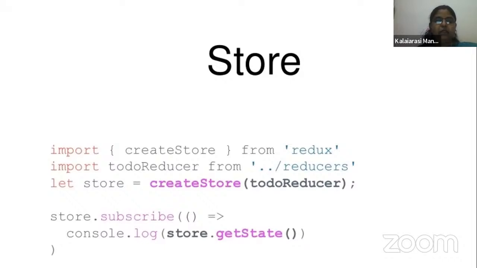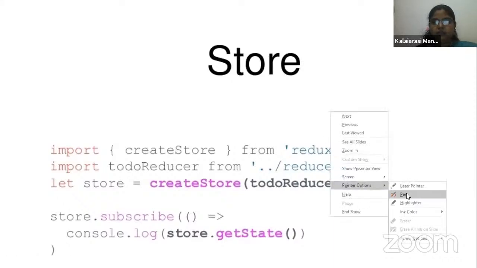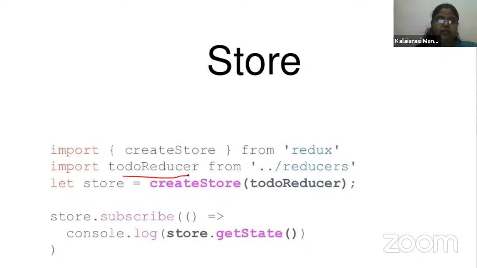So here it is named todoReducer, and this should be taken from whichever reducer you have implemented. And then you can create your store variable from your createStore and pass the reducer inside.